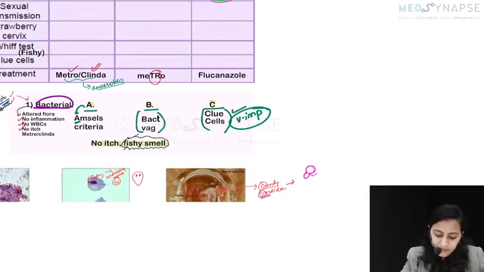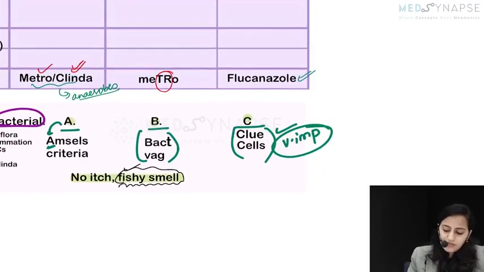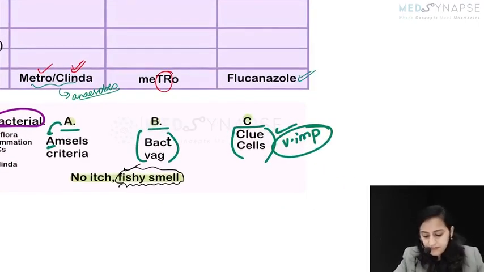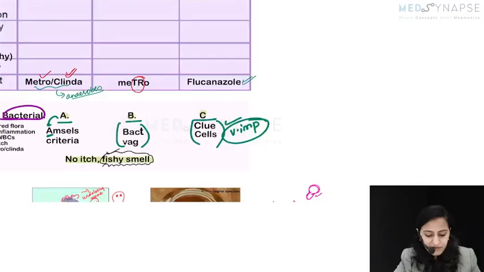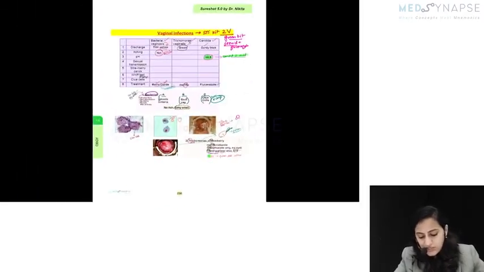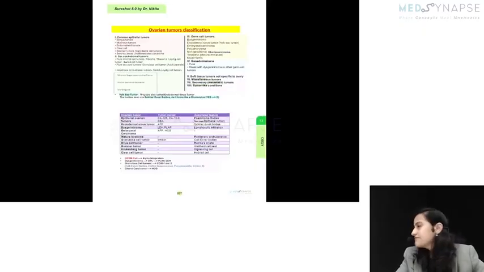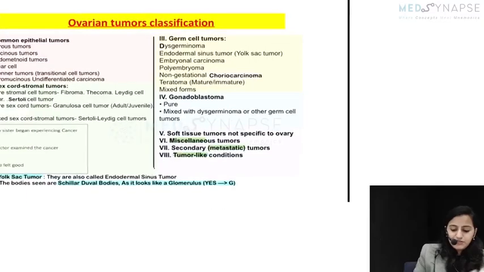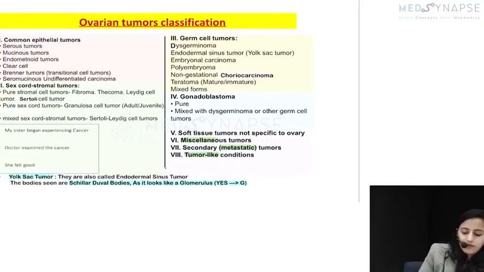Metro, clinda. And here it's fluconazole. Azole, antifungal, for candida azole. So this is about vaginal infections. Coming to the next one, ovarian tumors, important from pathology point of view as well.